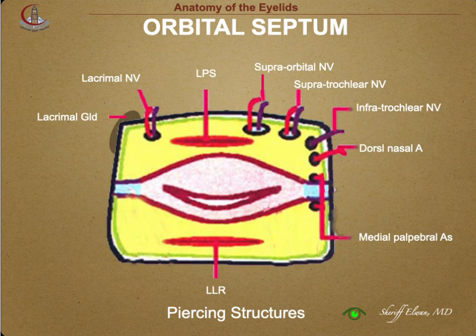Here they are illustrated: the lacrimal gland and the lacrimal neurovascular bundle, the levator palpebrae superioris, the lower lid retractor, the supraorbital neurovascular bundle, supratrochlear neurovascular bundle, infratrochlear and dorsal nasal artery, and the medial palpebral arteries.